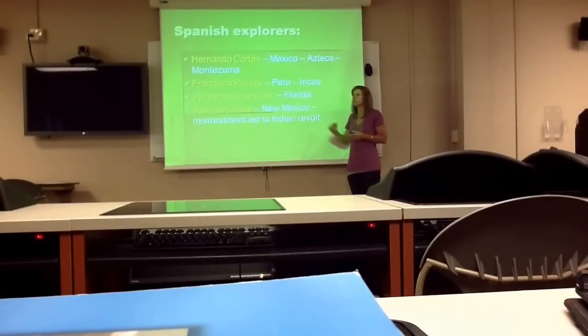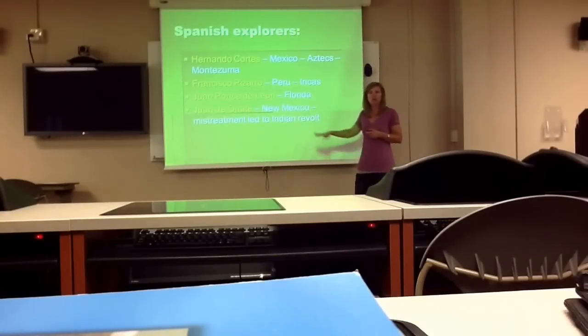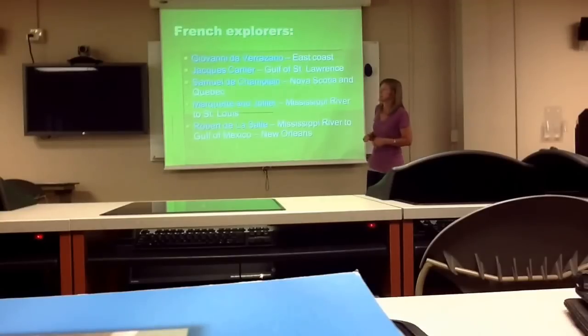And part of it is the way they treated the Native Americans, and then the revolts. They were often in fear of the Native Americans and never felt secure enough to have successful colonies in a lot of areas. Combine that with not finding the gold and silver they really wanted as well.